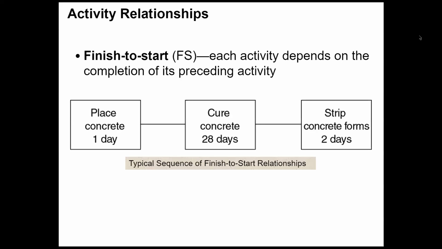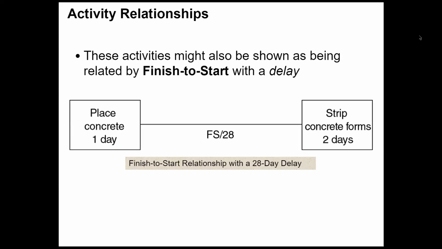We can use the different relations to present this, even curing the concrete for 28 days. If we do a finish to start relation like this, you can see we just remove the curing the concrete for 28 days and put a slash 28 here.